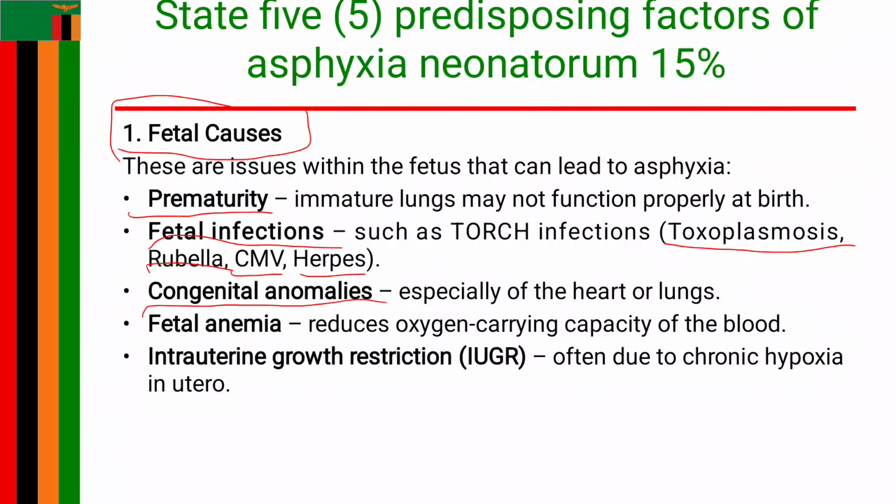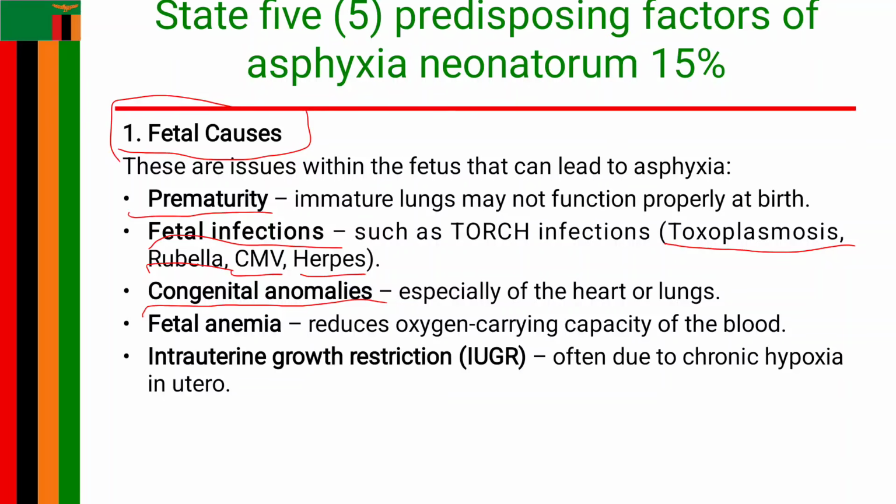Also, congenital anomalies such as those of the heart and the lungs, where maybe the baby is born with incompletely formed lungs. All these may lead to asphyxia, or even defects of the heart. Remember, the baby has shunts when the baby is in the mother's womb, where blood is able to move from one atrium to the other without being recirculated through the lungs, because the lungs are not functional.